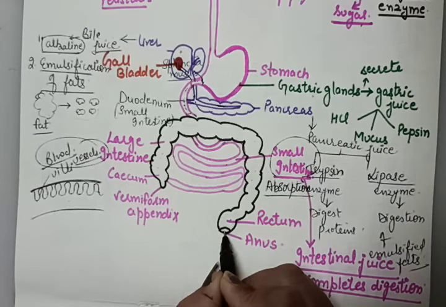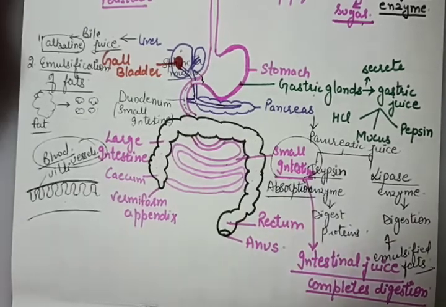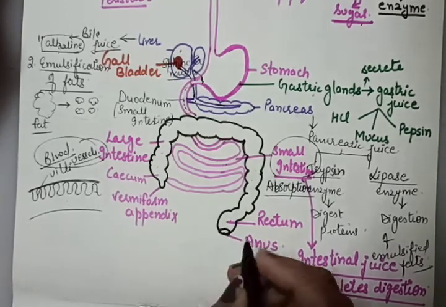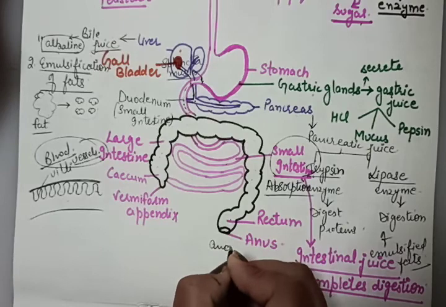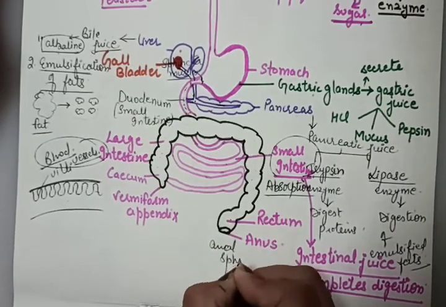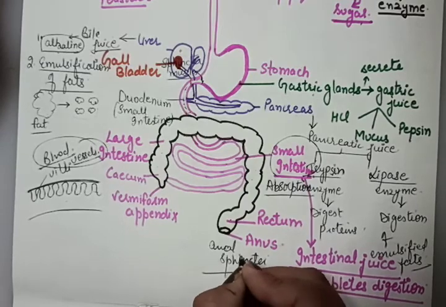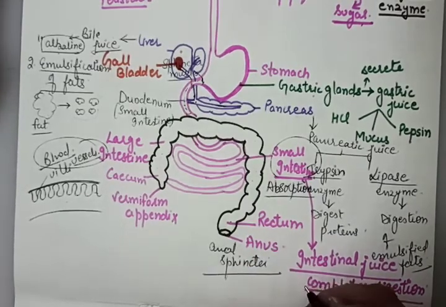That is the process of egestion. The exit of the food through the anus is regulated by the anal sphincter, which is a muscular organ. This question may be asked in the exam.